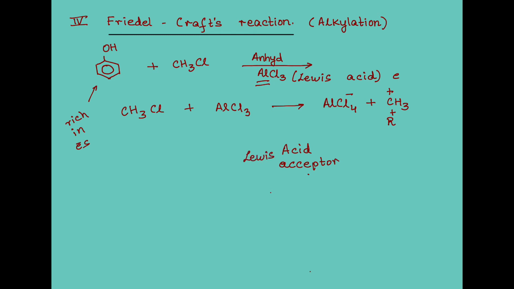So Lewis acid is an electron acceptor. This is how I remember. So one is ready to give electrons, the other is wanting electrons. So what happens is aluminium chloride, instead of choosing to combine with the alkyl halides, rushes towards the phenols in order to grab the opportunity.